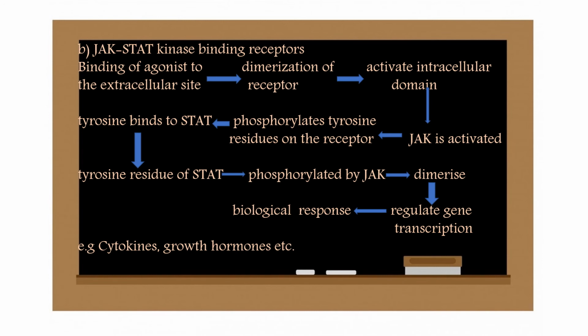STAT binds to this tyrosine and is itself phosphorylated by Janus kinase. These phosphorylated pairs of STAT dimerize and translocate to the nucleus, causing regulation of gene transcription, which in turn gives a biological response. Examples are cytokines, growth hormones, etc.